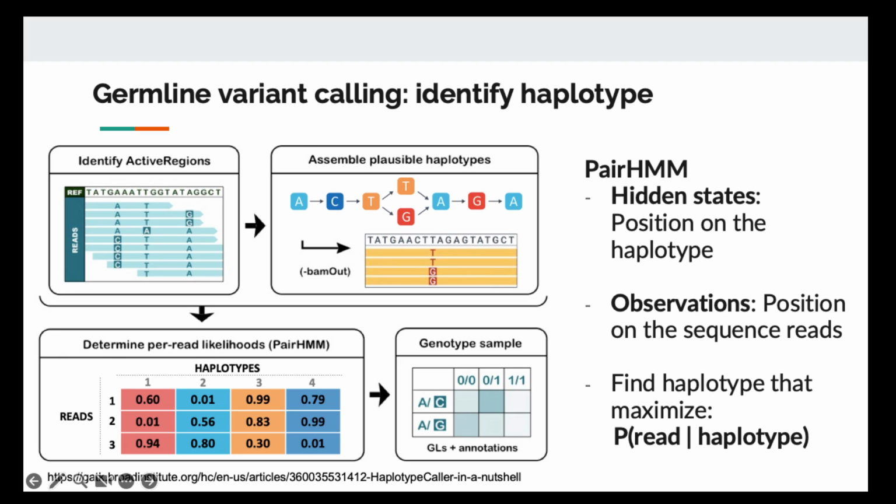We are not sure which one occurs in the patient or in the sample, but we have some observations. And these observations, which are sequencing data, are related to the haplotype because the sequencing data should reflect the haplotype. So the rest would be which kind of statistical model or which algorithms we can use to identify the most likely haplotype.